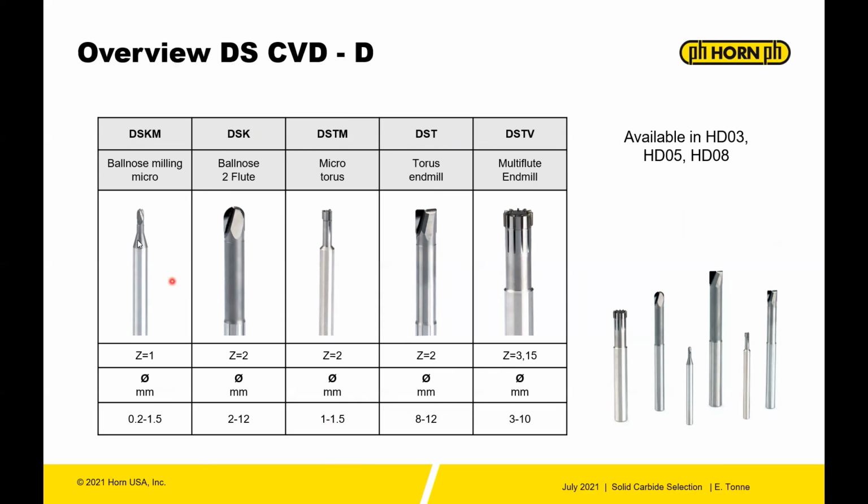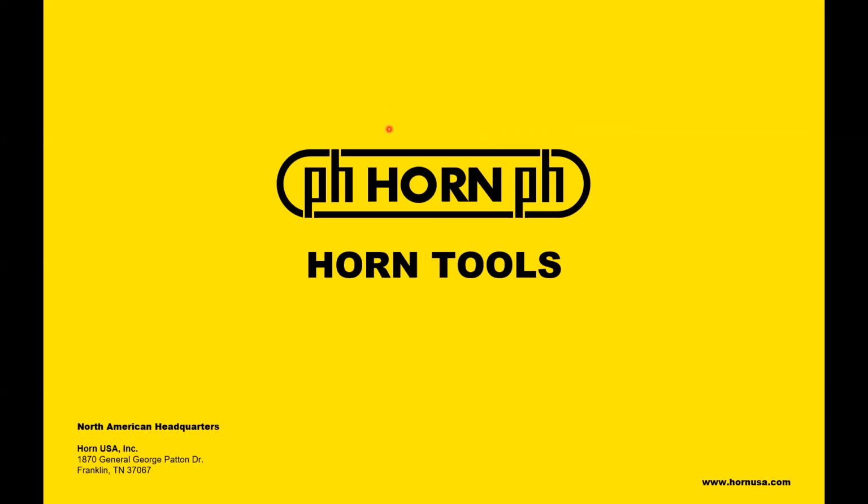So these are all designed more or less, you can see from their design, for finishing. And they can also machine sintered carbide. So that's a pretty unique feature of a tool. So if you want to touch up a die set, a carbide die, you can employ some of these tools to make that happen.